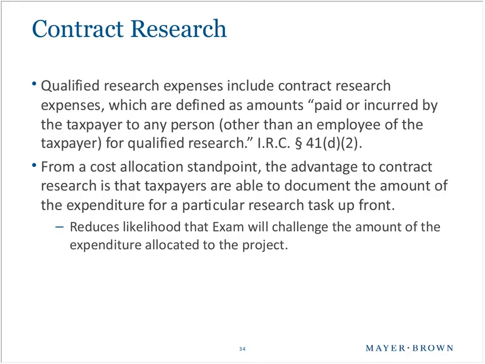From a cost allocation purpose, this is usually less of a challenge because you're paying a third party, and therefore the records will be fairly clear on how much was paid. However, there still are issues that come up in monitoring the expense accounts.